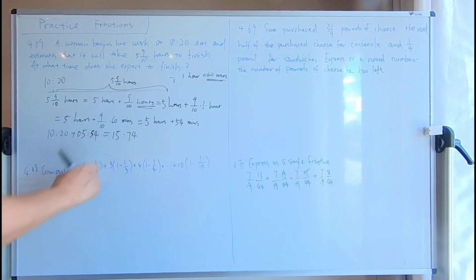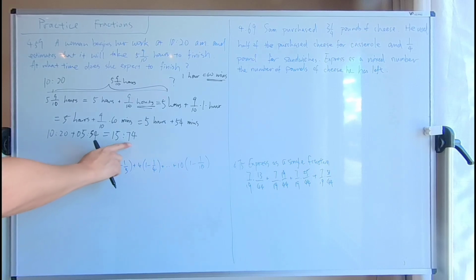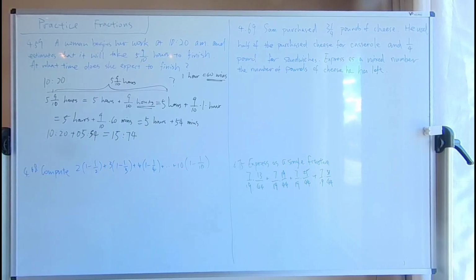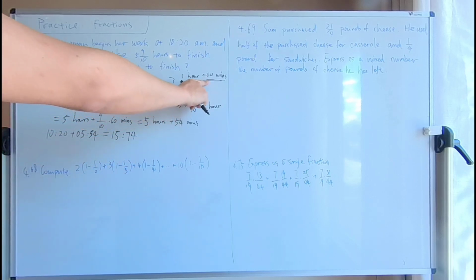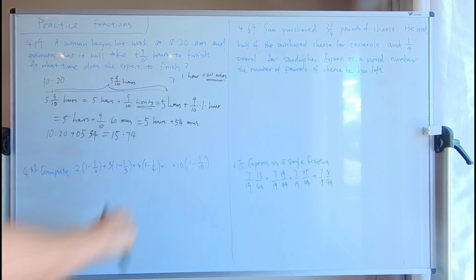Now 74 minutes: in our daily life we should never see such minutes as 74 minutes because it's exceeding 60 minutes, and as long as you pass 60 minutes you add 1 hour.